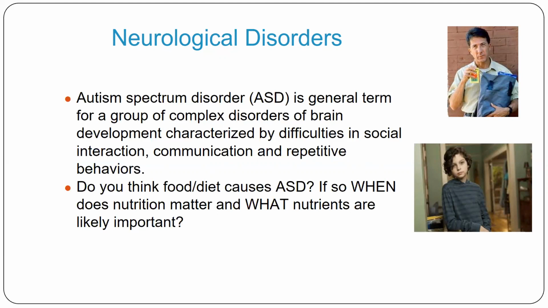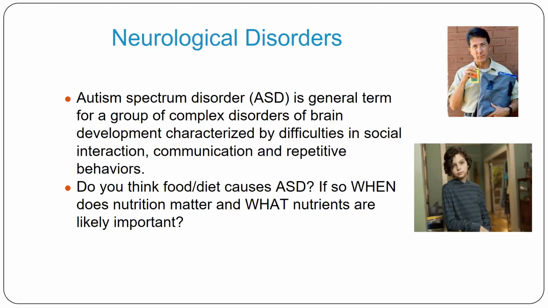There's been an increase in prevalence over the years, so a lot of people talk about it and speculate if food or diet causes autism spectrum disorder. It's really still somewhat unclear. When does nutrition matter? Should we be thinking about nutrition for prevention or nutrition interventions as part of the treatment? And if so, what nutrients are we really thinking about and which ones are important?